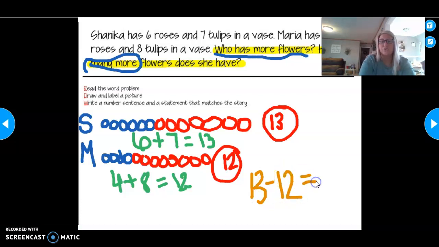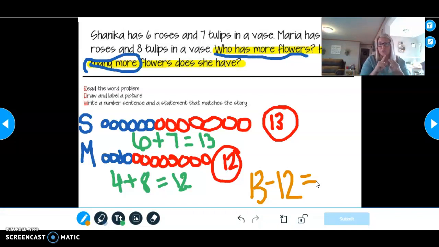And you could do this using fist bumps. You could draw pictures. You could use your tens frame. Since I'm running out of room on the board, I'm going to go ahead and draw pictures because you know how much I like to draw pictures. I'm going to draw 13 circles because when we do subtraction, we do the biggest number.